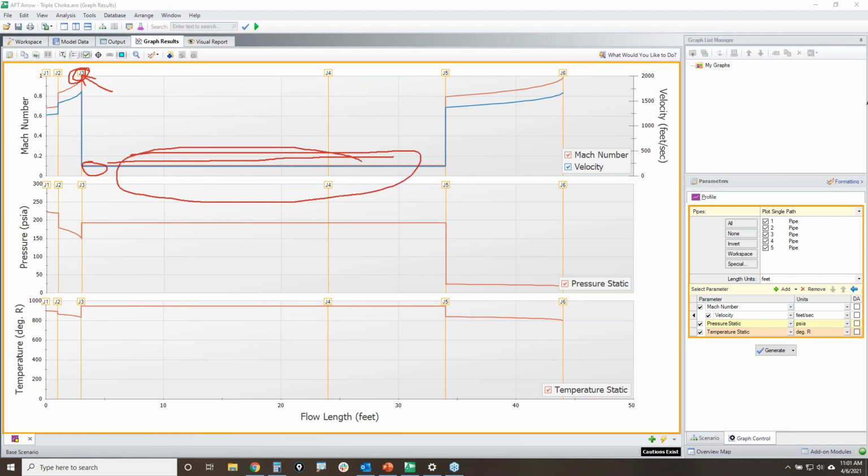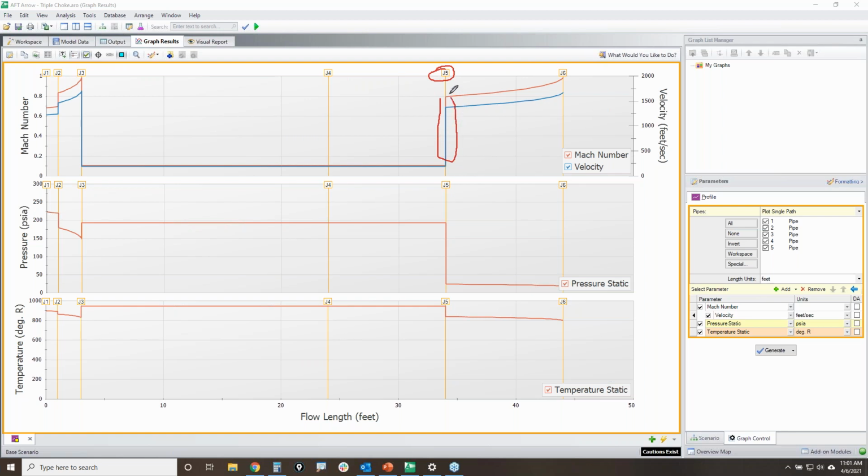And then we get to the orifice plate. Here's our orifice, and we see that we have a dramatic increase in Mach number, and there's a discontinuity. But why do we not see a Mach number equal to 1?